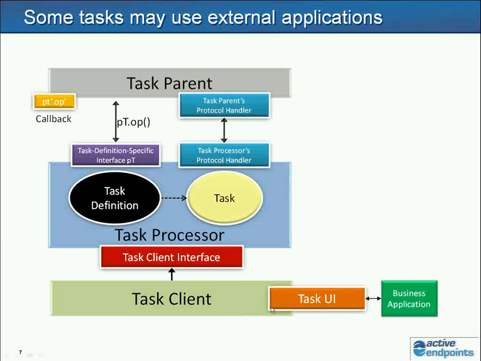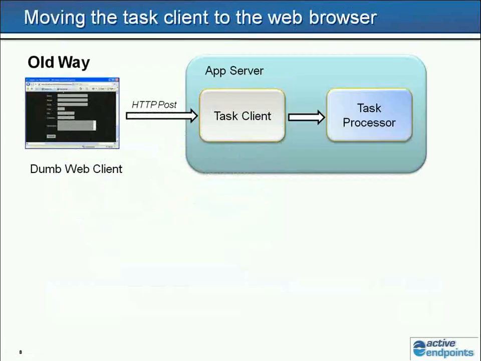Now, one of the things about this task client is that in a web-based environment, it's typical for the task client to be another piece of software running on an app server. That would call the appropriate standardized WS-HumanTask operations to talk to the task processor.